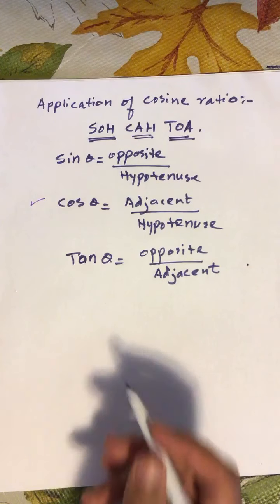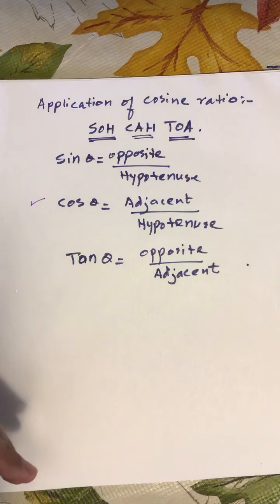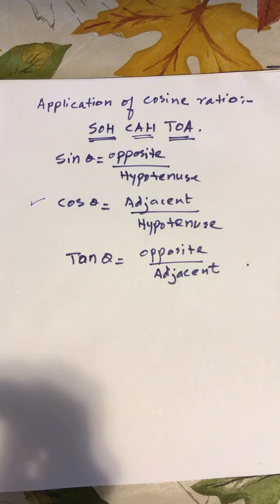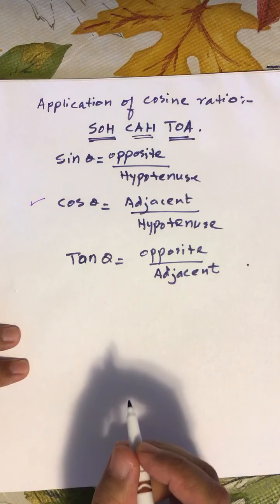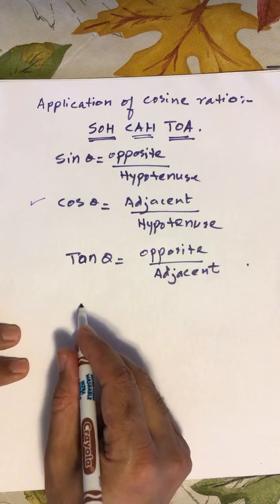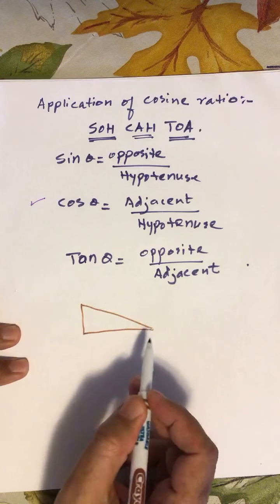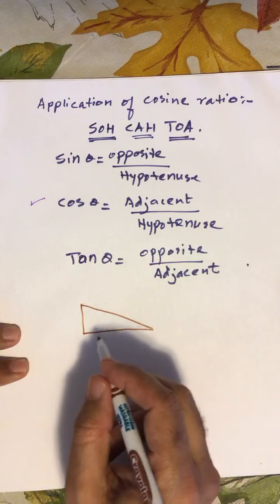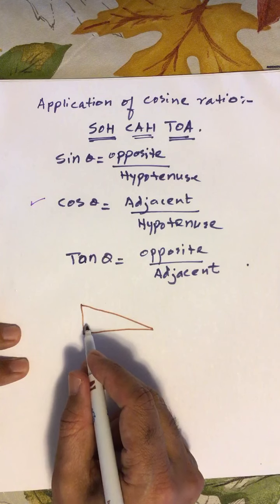But just a little review for how to determine the side lengths, like which one is opposite, which is hypotenuse, and which side is adjacent. As you should remember, these are primary trig ratios that we use, and it's applicable only in right triangles.